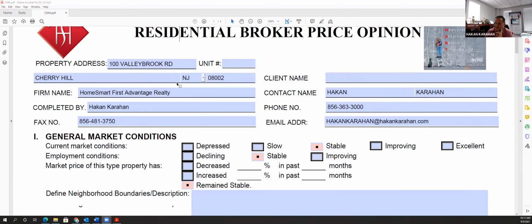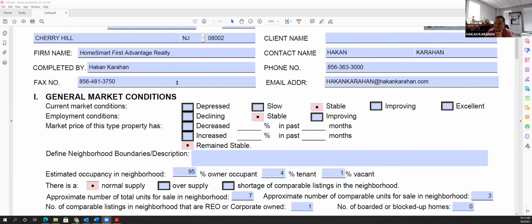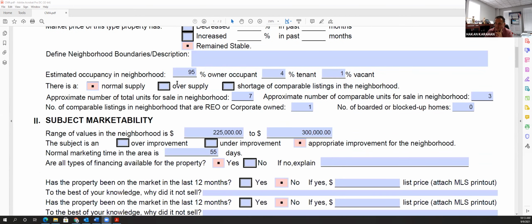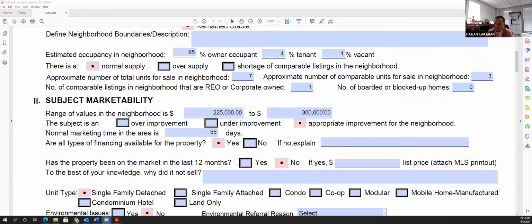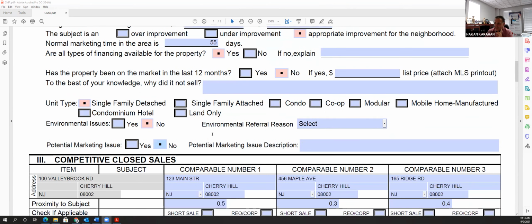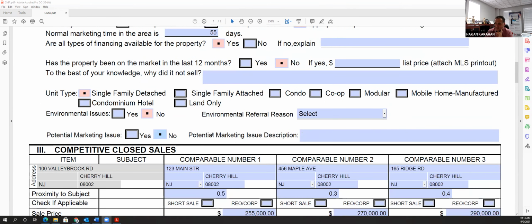So it's brief information here on the first page: where the property is located, what the market looks like, estimated occupancy, the price range of the neighborhood, and average market time. We're giving this report to the sellers, showing that we know the area and what's going on in this particular region. So here are 3 of our comps.